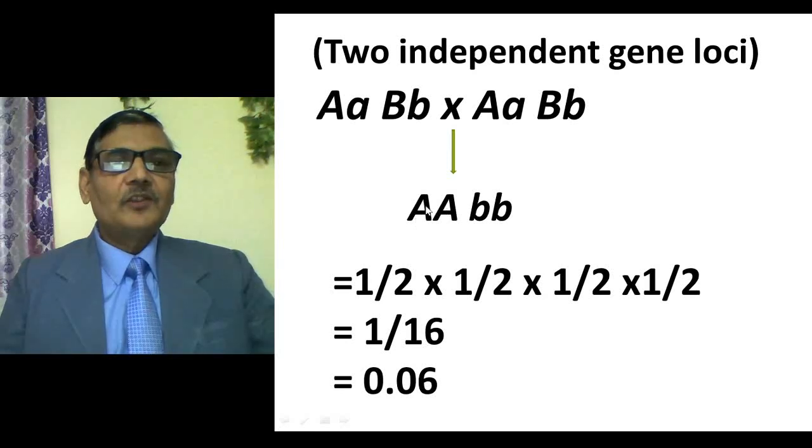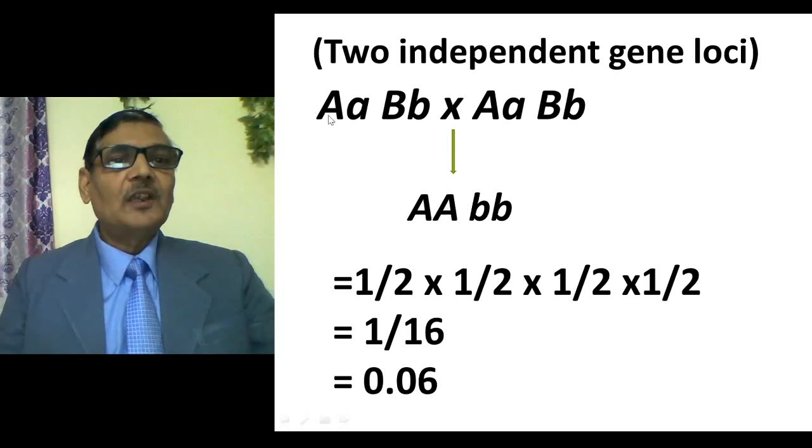Now see here, the offspring is of genotype capital A. So we can see how these two alleles will be coming from the parents, and what would be the probability of getting these two alleles from the previous generation.